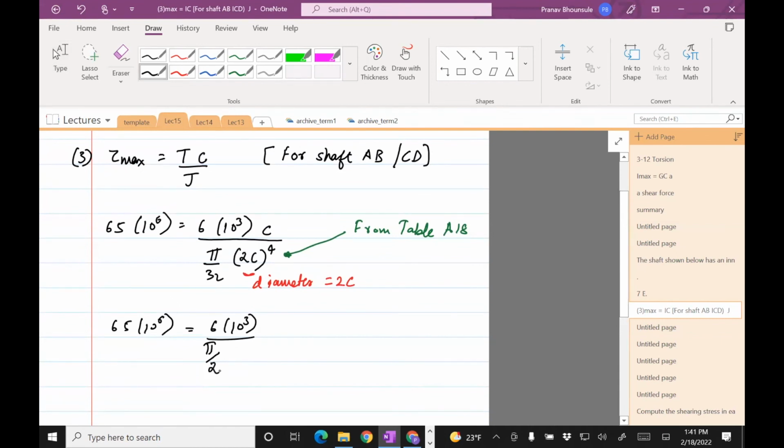This will give me pi divided by 2. And then the C to the 4 and this C cancel, giving me C. No, that's not right. That's C cubed.